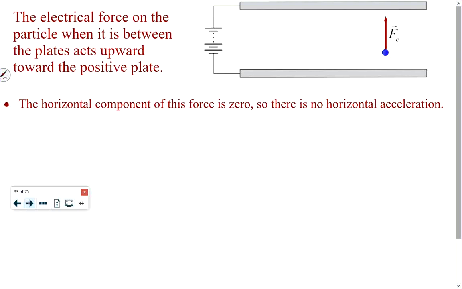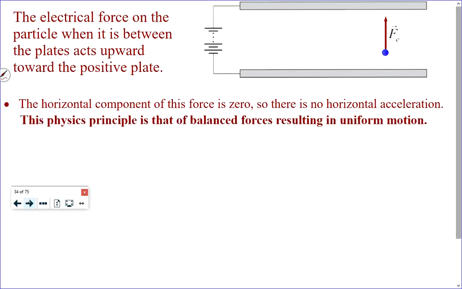One second later, the particle will be 2 meters to the left. Another second later, another 2 meters to the left. It will also have traveled up, but it's going to travel at that uniform speed horizontally. So when I say this physics principle is that of balanced forces resulting in uniform motion, I'm talking about the horizontal motion as uniform motion.